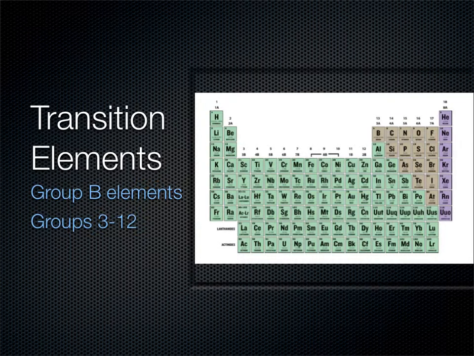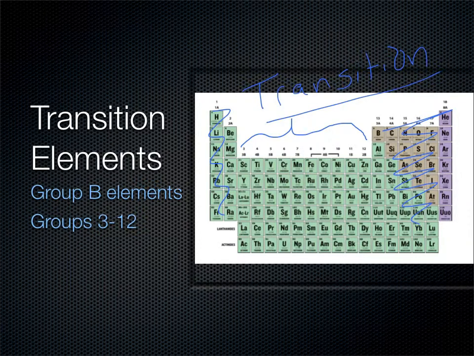And so those were the A's. That's all these and these. Then the ones in the middle here are often called the transition elements. And in these, we're starting to fill the D sublevel. If we're going with the old convention, they're often called the group B elements, and we don't refer to them a lot.